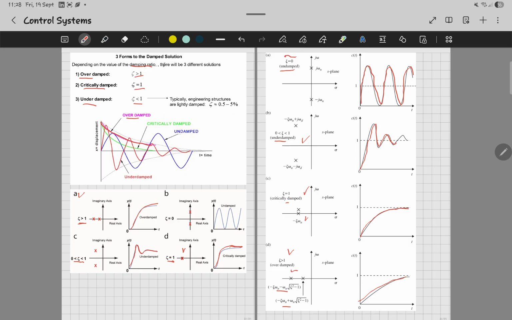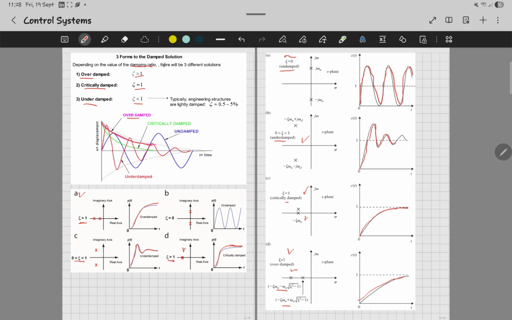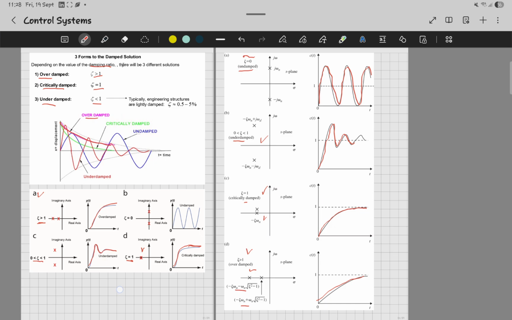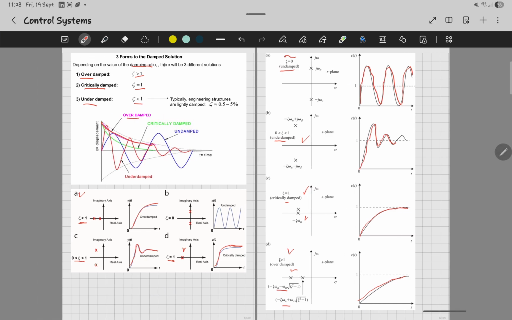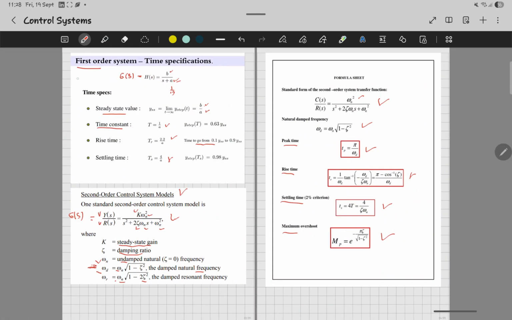So this is what we're going to get from the system response, just to know how a system behaves. And we can define this, and we get both the pole and then our system response. And then if it's first order, you'll use these formulas here.